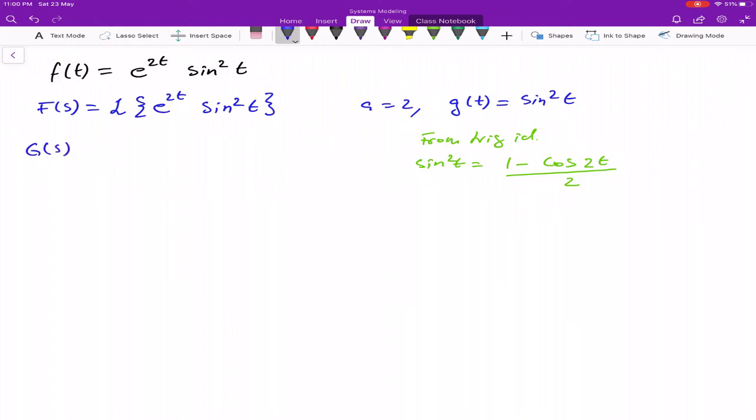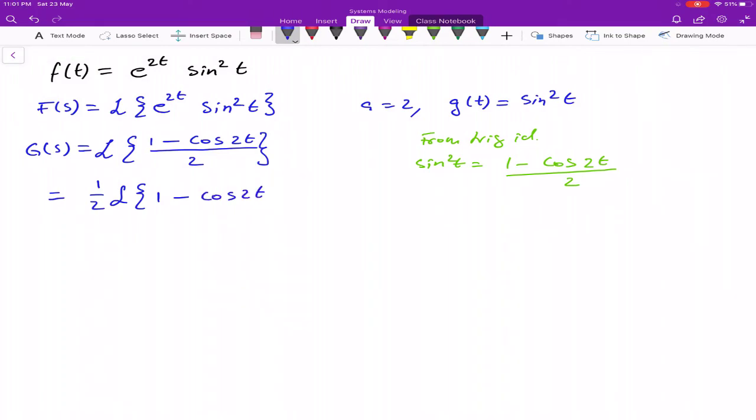So g of s is equal to the Laplace transform of (1 minus cosine 2t) over 2, and we can pull this half outside, so that this is equal to a half times the Laplace transform of 1 minus cosine 2t.